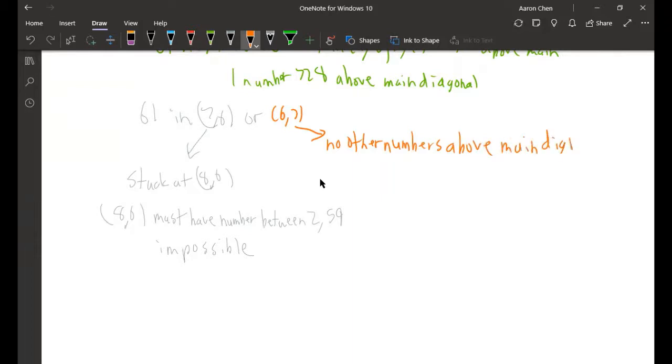And that's because the square that corresponds to (6, 7) is above the main diagonal. And so that means that 59, 57, 55, and 53 must be in (6, 5), (5, 4), (4, 3), and (3, 2).